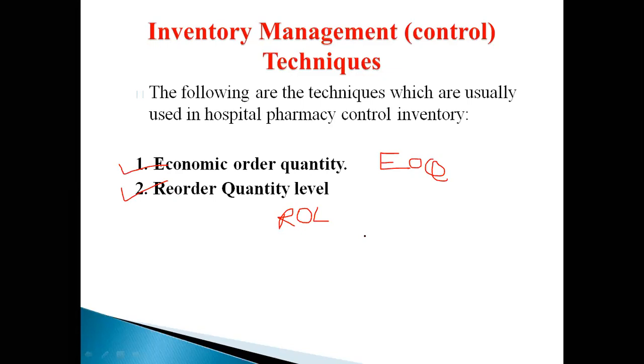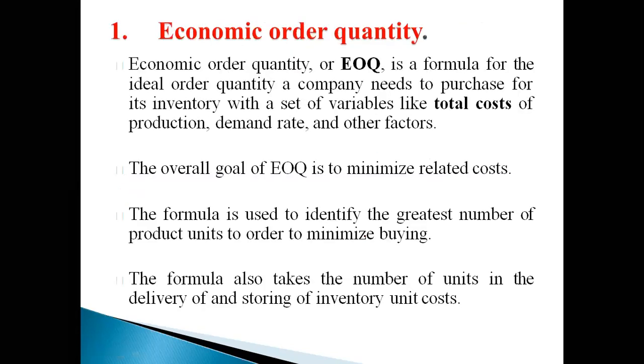Now move with the economic order quantity. The name itself indicates that it is related with the economy, total cost of the productions, demand rate, and other factors that should be considered for the controlling of inventory.